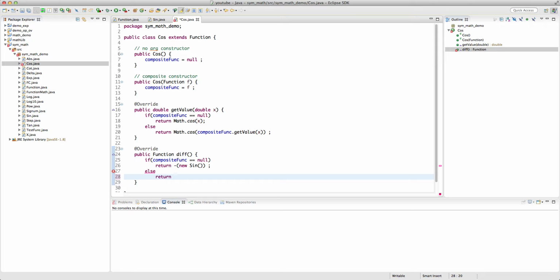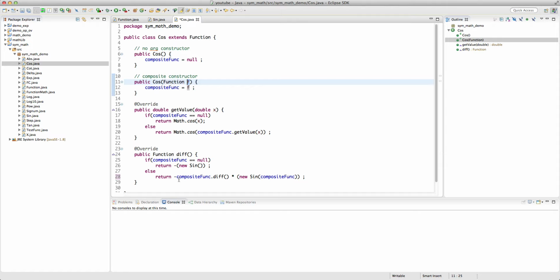So return composite func.diff times minus new Sine of composite func. Let's also put this minus sign here to make it look nicer. So what happens here: the diff of cosine is minus sine, and the diff of cosine of a function is f prime times minus sine of the function, okay?